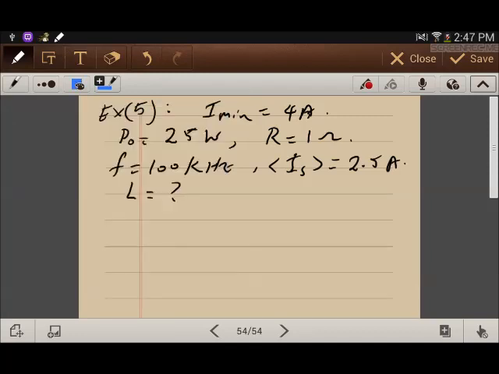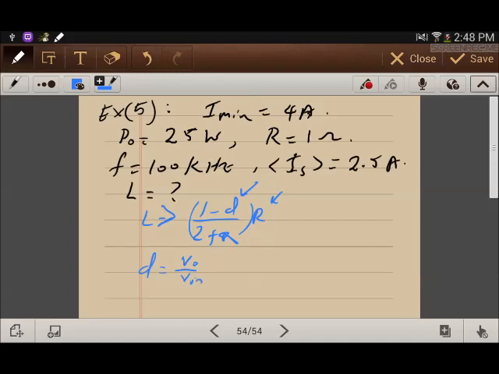To find L here, L should be greater than (1 minus D) over 2F multiplied by R. I have R, I have F. The only thing that is missing is D. And D is equal to V out over Vin.